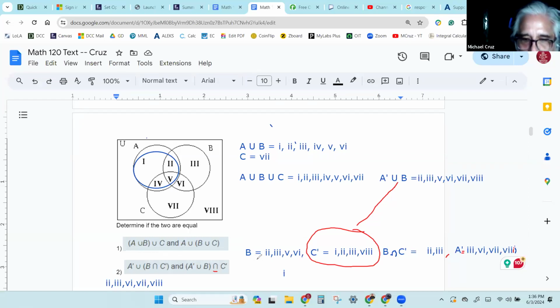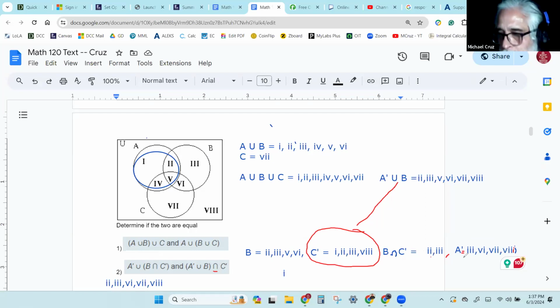Go back through my work here, see which side is wrong. So B is 2, 3, 5, and 6. C complement is anything not in C, so that's 1, 2, 3, and 8. These two put together as an intersection, wait, yeah, this side was 2 and 3, the only common ones between these two.